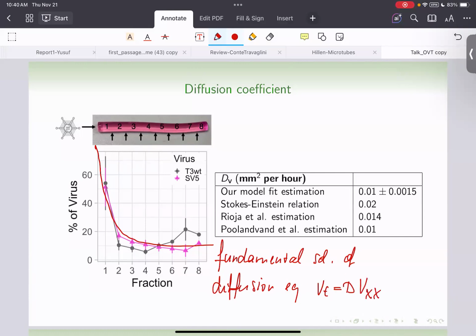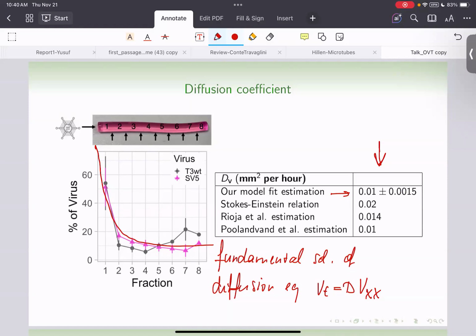So that's the problem you solve. The solutions are known, and from that you can find your d. And here are the values which we find. So our model fit is 0.01 plus or minus 0.0015 in millimeters squared per hour.